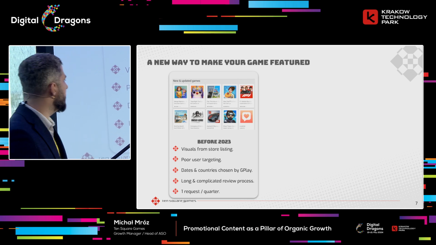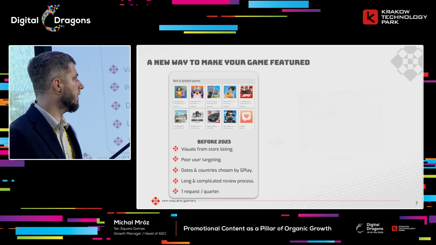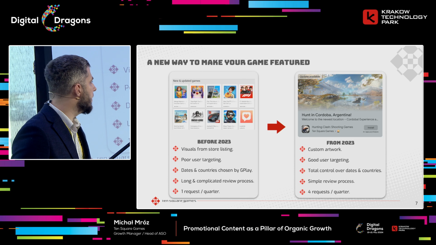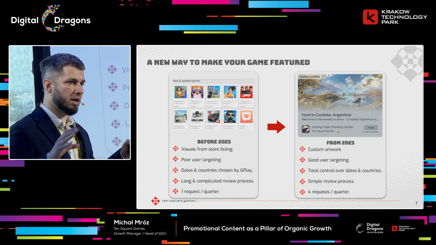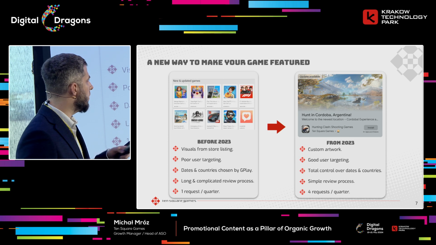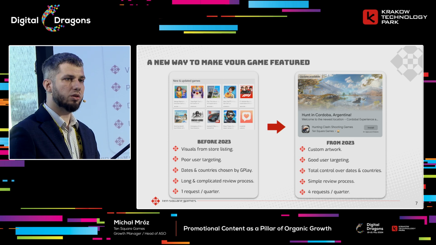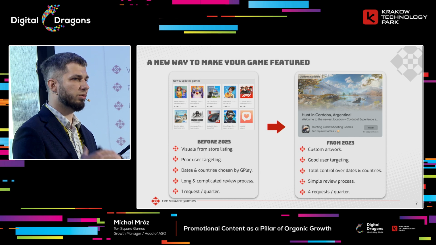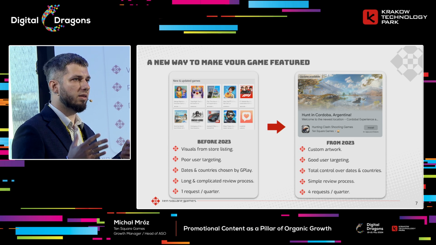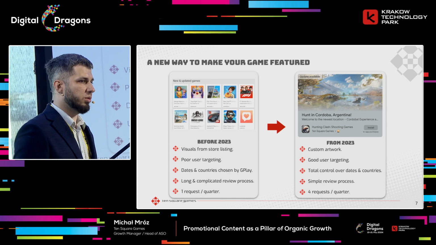But then, at the beginning of 2023, Google Play introduced a change that really changed the whole thing. Since then, we have had promotional content as the main way of featuring the game. Like you already know, we can use customized artworks, customized taglines and descriptions, so you can really tell the story about a particular event or update directly to your players.